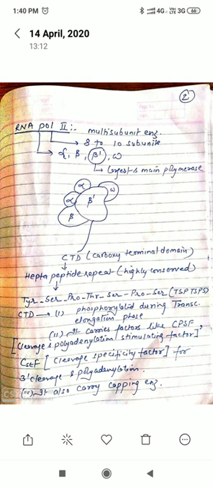Secondly, it also carries factors involved in processing events, factors like CPSF, cleavage and polyadenylation stimulating factor, and CSTF, cleavage stimulation factor, for 3' cleavage and polyadenylation, and it also carries a capping enzyme for 5' capping.